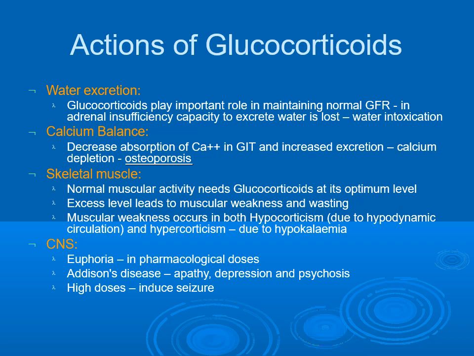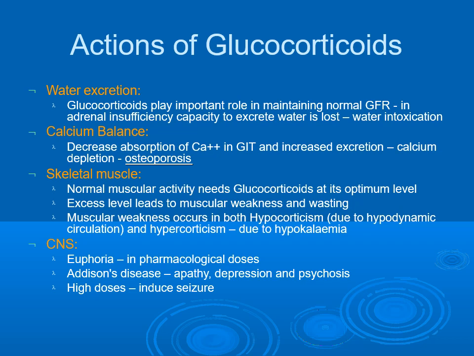On calcium balance, there is decreased absorption of calcium in the GIT and increased excretion, that is, calcium depletion, and the overall effect is osteoporosis. On skeletal muscle, normal muscular activity needs glucocorticoids at an optimum level, but excess levels lead to muscular weakness as well as wasting of muscles.